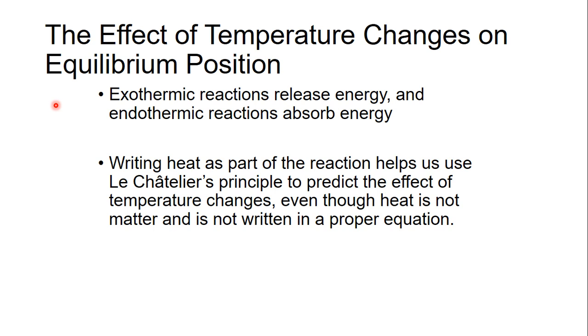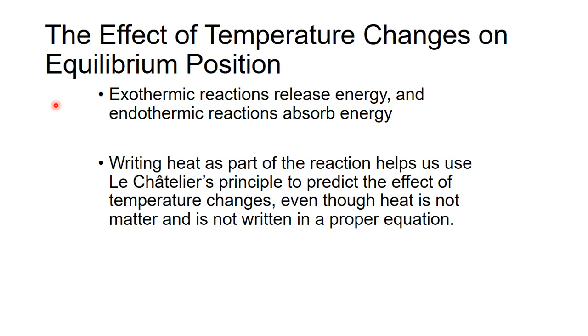An endothermic reaction absorbs heat. The best way to determine how changing temperature will affect your equilibrium is to treat heat as either a product or a reactant. So exothermic reactions release heat, so heat is a product, and endothermic reactions absorb heat, so heat is a reactant.